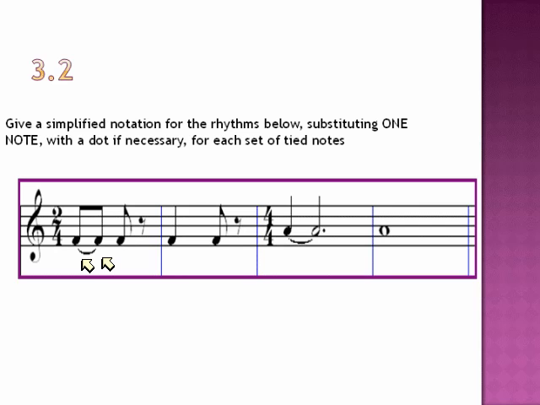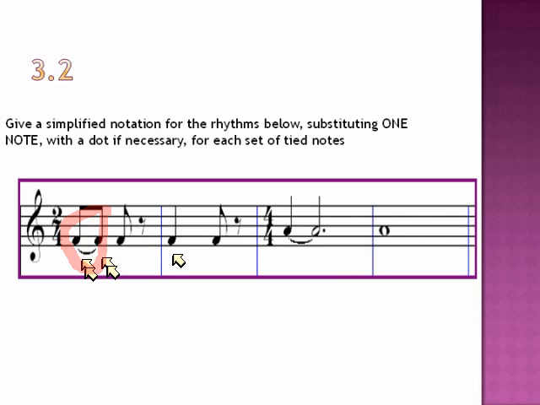An eighth note is a half of a beat, so that's a half of a beat tied to a half of a beat. That equals what in 2/4 time? A half of a beat plus a half of a beat is 1 beat. It said only use the ones that are tied. So this is what you would put. One note that equals what is over here is the quarter note.